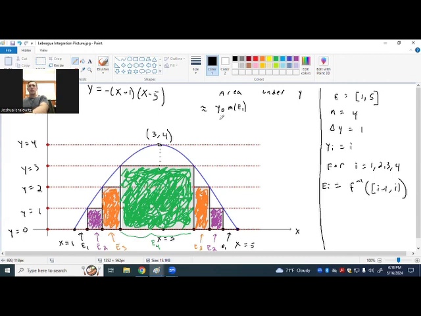I can't really write it in white because the background is white. But just to remind you, this is 0, so the whole thing equals 0.